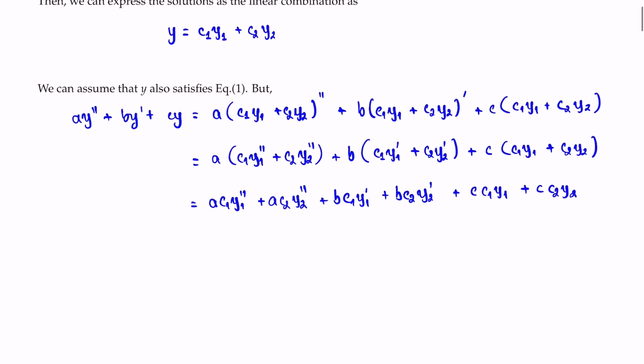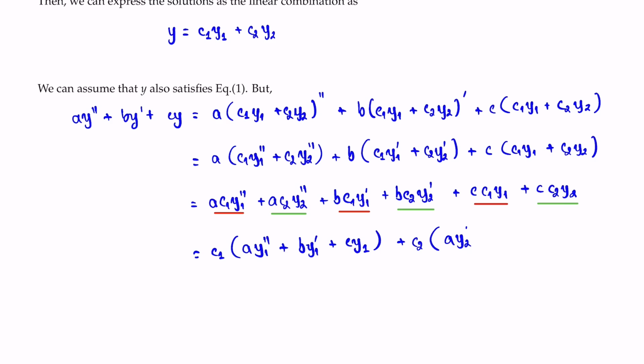Alright. So if you notice, you have three terms that have the constant c1. So we're going to take c1 as a common factor, and you're left with a times y1 double prime plus b times y1 prime plus c times y1. And also we have three terms with c2 as a common factor. So you pull out c2, and you're left with a times y2 double prime plus b times y2 prime plus c times y2.